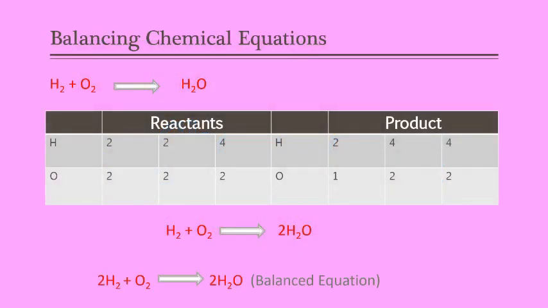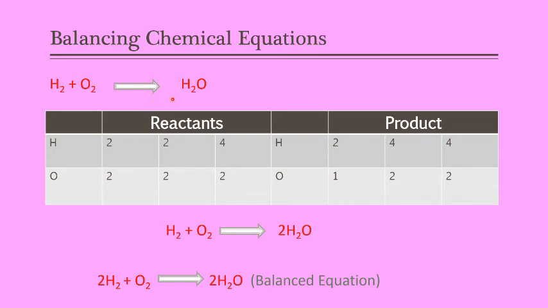Balancing chemical equations. H2 plus O2 gives H2O. This equation is not completely correct because it is an unbalanced equation. We need to balance the equation. In this reaction, H2 and O2 are reactants, whereas H2O is the product.